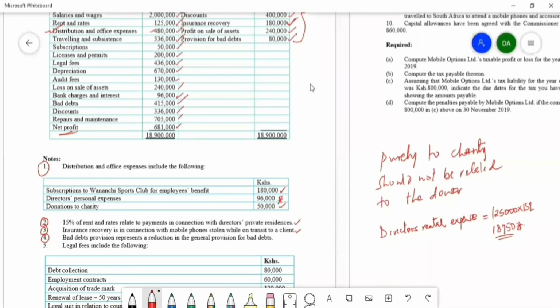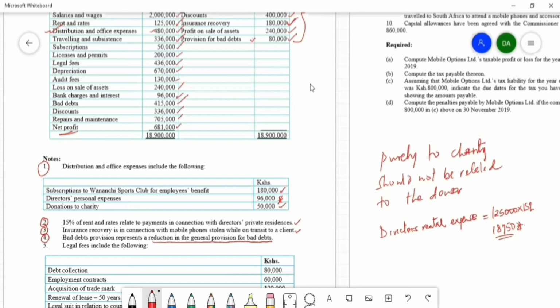Bad debts provision represents a reduction in general provision for bad debts. You can see the item here. Bad debts provision, but it is a reduction in general provision for bad debts. Reduction in general provision for bad debts is not a taxable income.